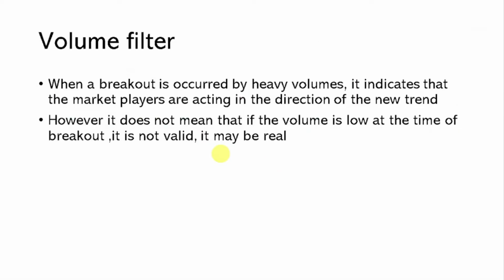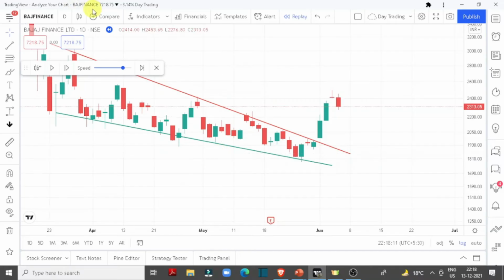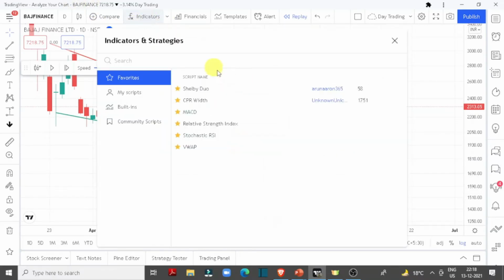But this does not happen every time. Sometimes the breakout has happened but the volume remains very low. Even if the volume is low, it does not mean that the breakout is fake. The breakout may sometimes be real. But if the volume is very high while the breakout has occurred, then it is highly likely that the breakout is real. So let's understand this by putting up volume.